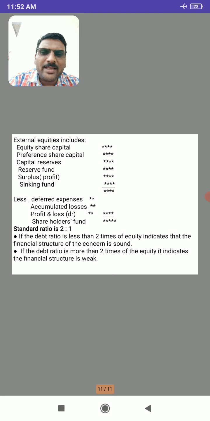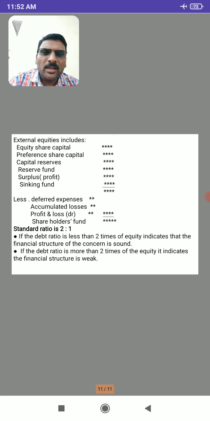After adding these, we get the total shareholders fund by deducting deferred expenses, accumulated losses, and the debit balance of the P&L account. Finally the balance we get is called shareholders fund.